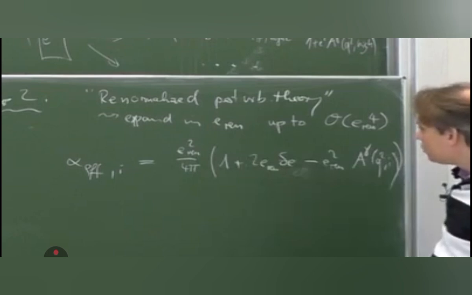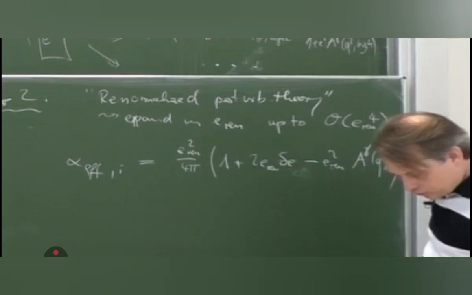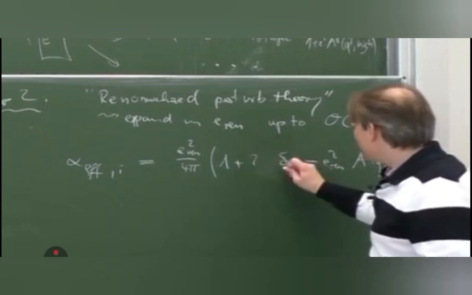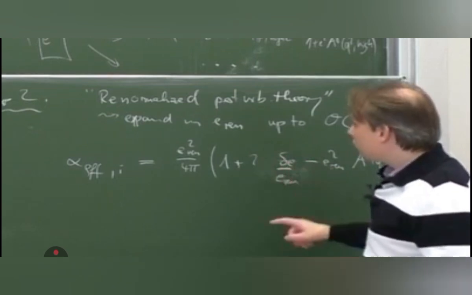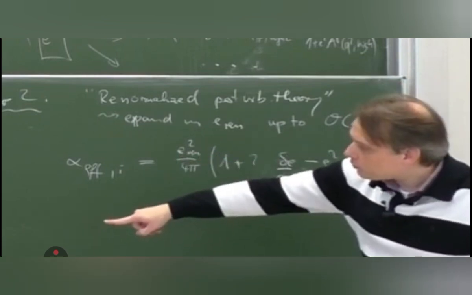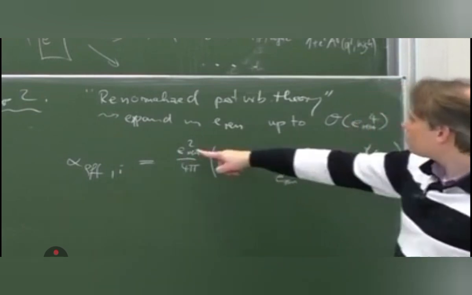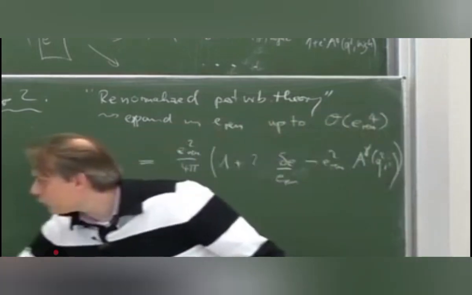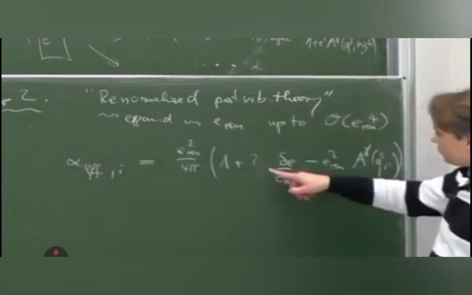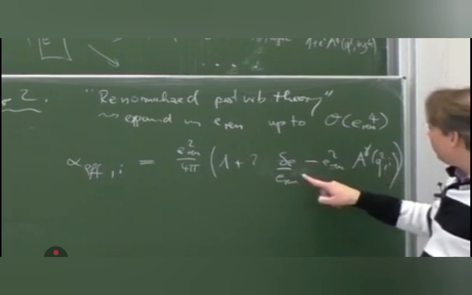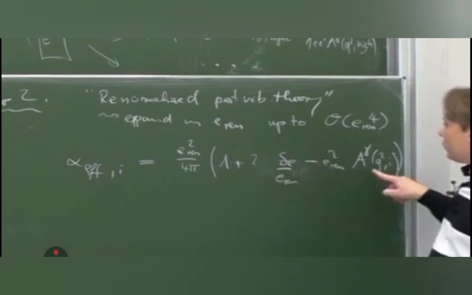Sorry, what has happened here? Divided by E renormalized. Sorry, because E square becomes E square plus 2 times E delta E. If I factor out E square, then I get that. So that is the same as here divided by E square. But this is at least of order E to the 3rd, and that is of the order overall E to the 4th.